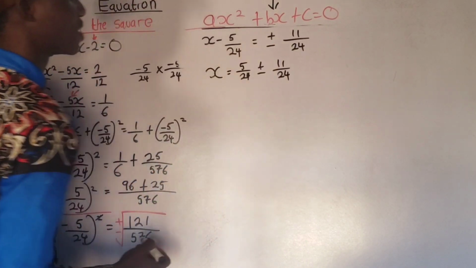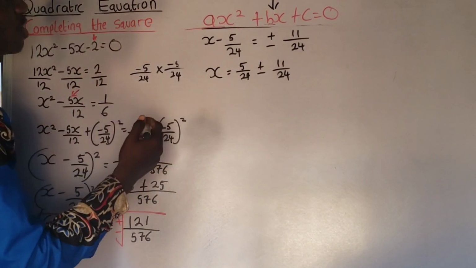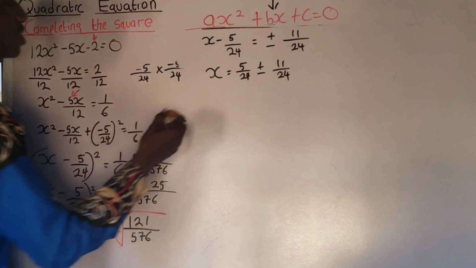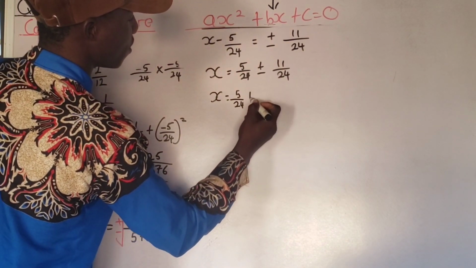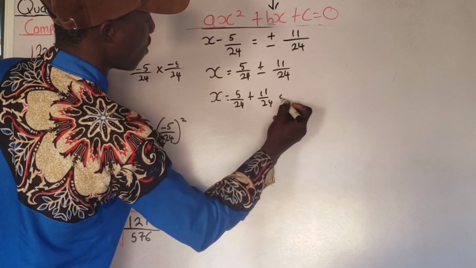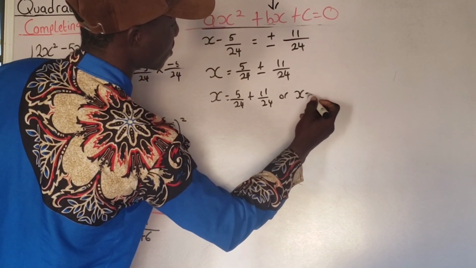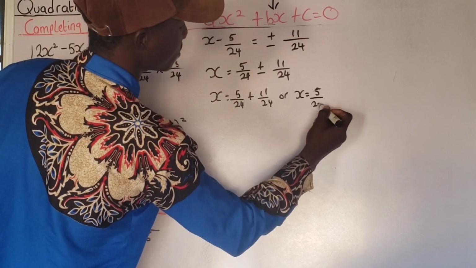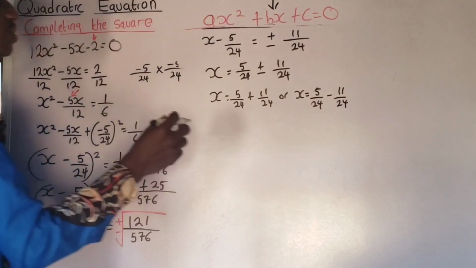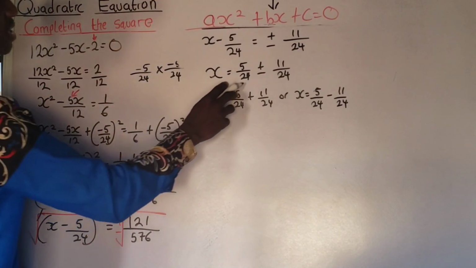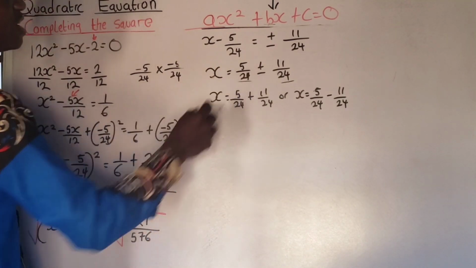You understand? Okay, now from this point I'm going to separate the fraction. So here I'm going to have x equals to 5 all over 24 plus 11 all over 24, or x equals to 5 all over 24 minus 11 all over 24. You understand? So by so doing, I've separated this fraction because this is two fractions separated by two signs.